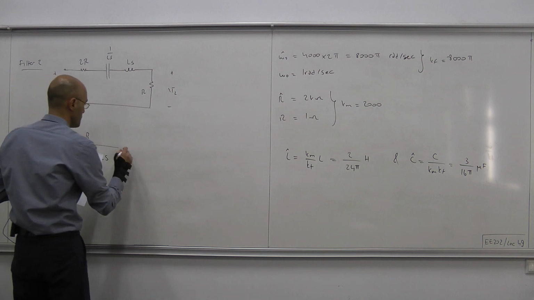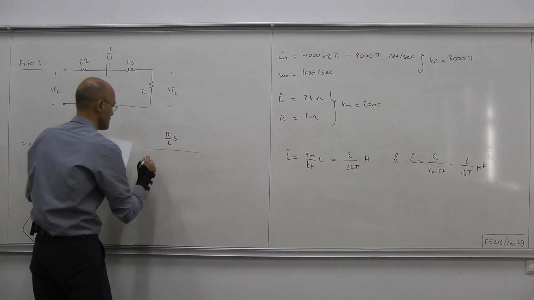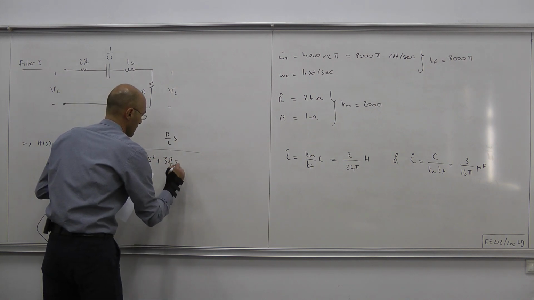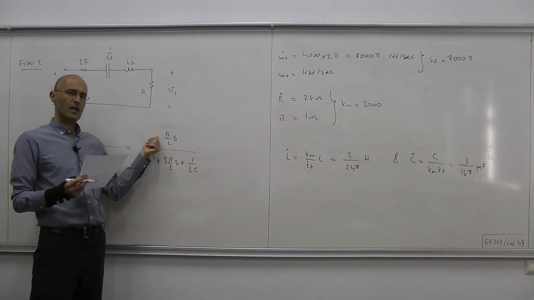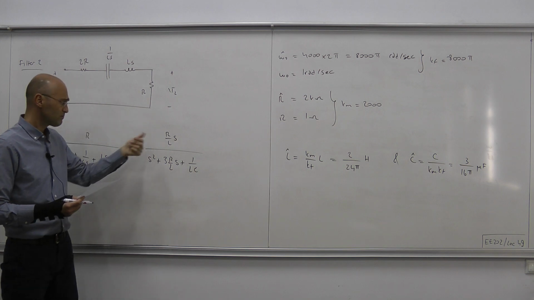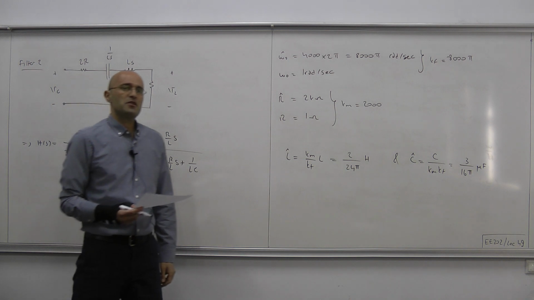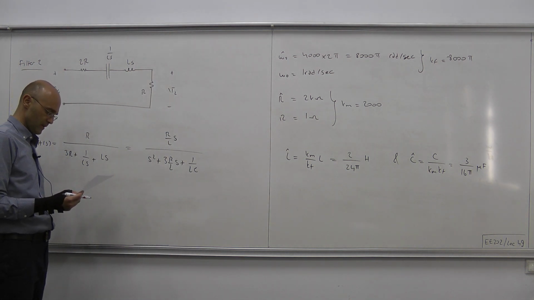And that produces R over L times S over S squared plus 3R over L times S plus 1 over LC. Again, we have a zero at the origin, a first-order numerator and a second-order denominator, so again we have a second-order bandpass filter.